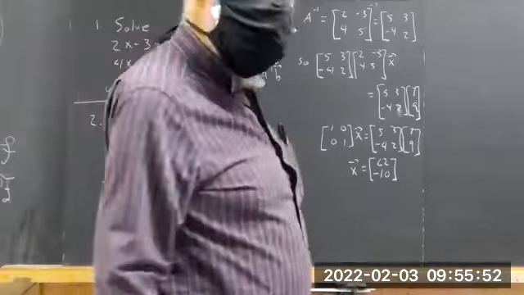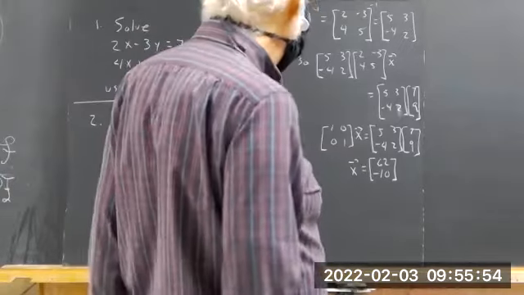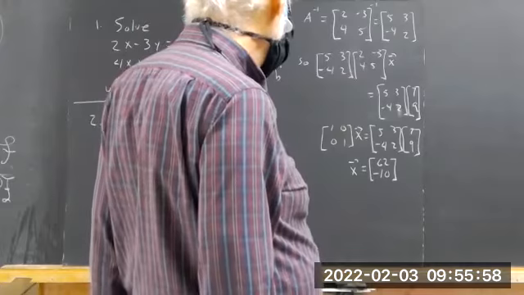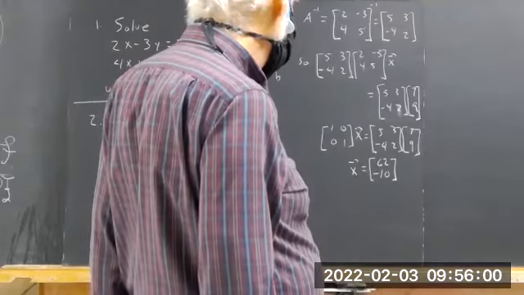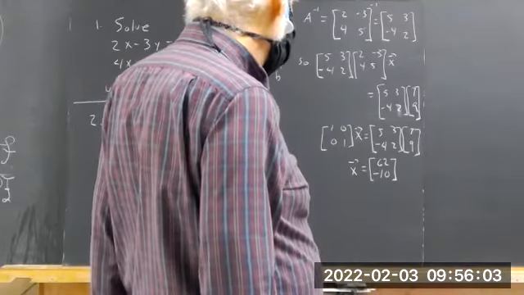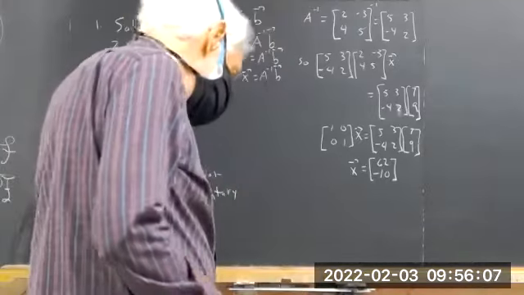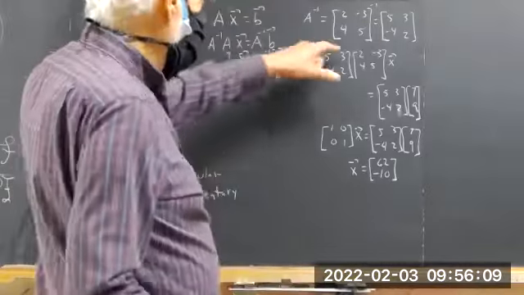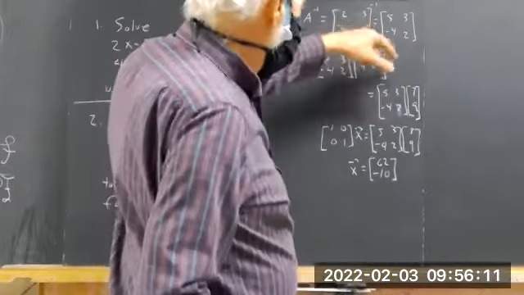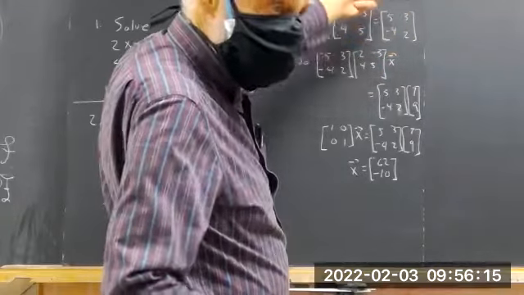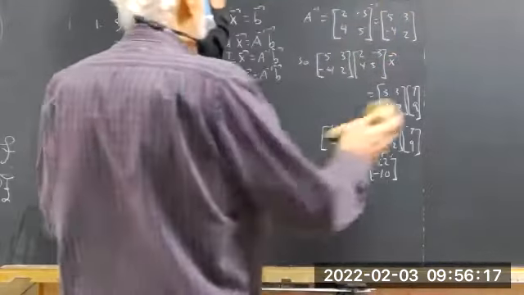Yeah, when I did the inverse matrix, I don't have the inverse matrix, right? I have to divide by 5 times 2 minus 3 times negative 4. Okay.